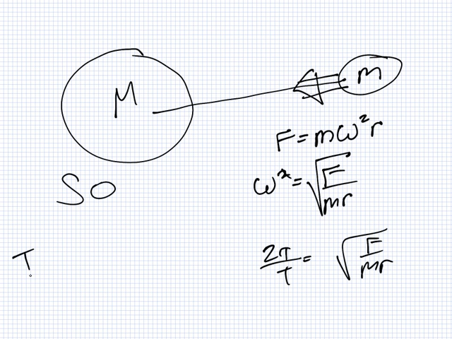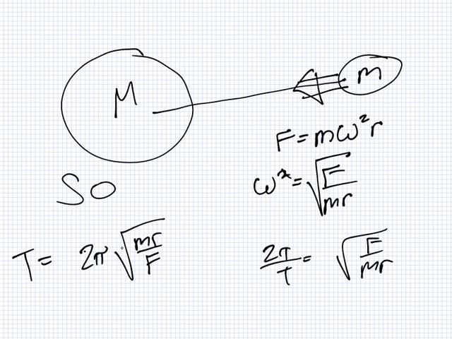So T is root m r over F, and then 1 over 2 pi? No, just 2 pi here, isn't it? Yeah. That's it, if I rearrange it.